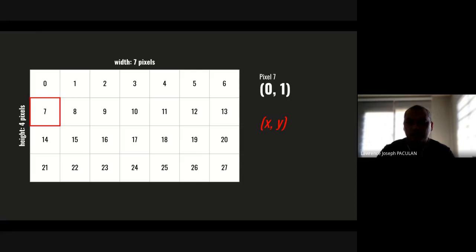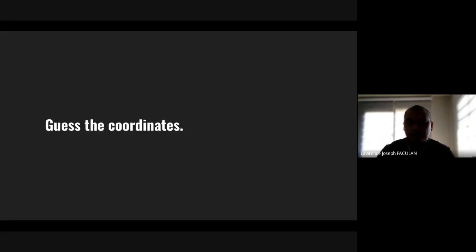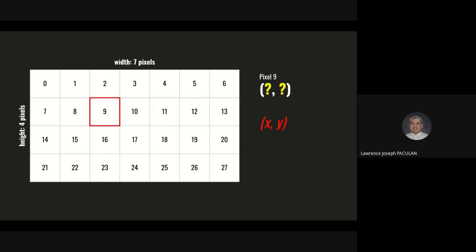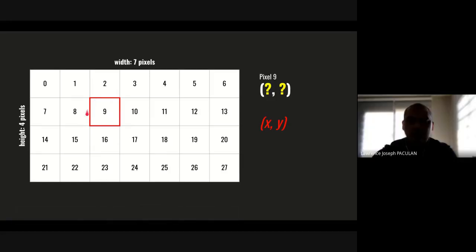As an exercise, if you are watching this video, you can pause before I reveal the actual answer, as a sort of practice round. For example, we want to go to pixel 9. You know that pixel 9 is this particular cell.